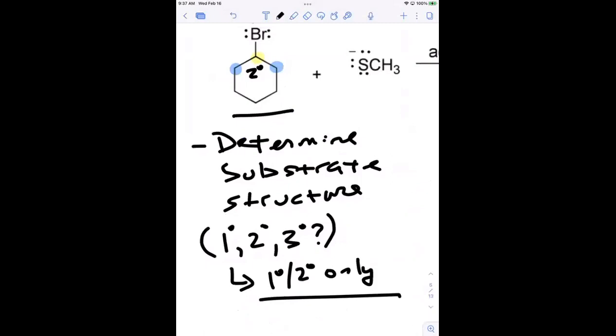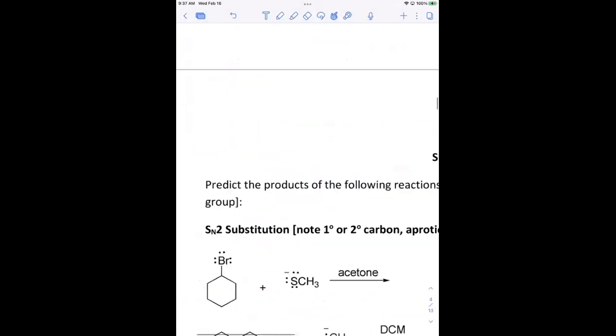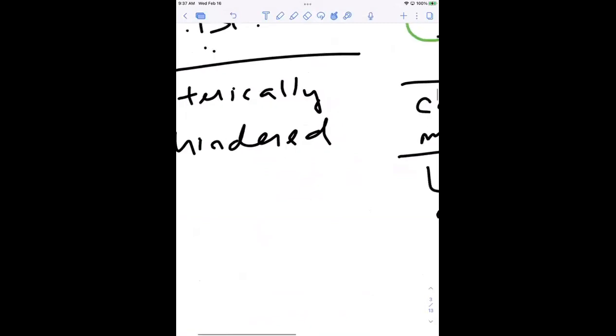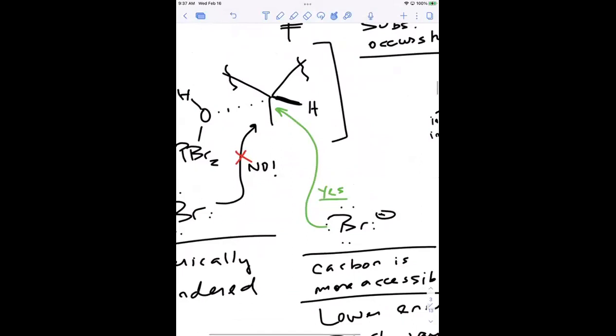All right, let me show you why. Let me go back up to here. All right, do you see how this carbon right here is secondary?